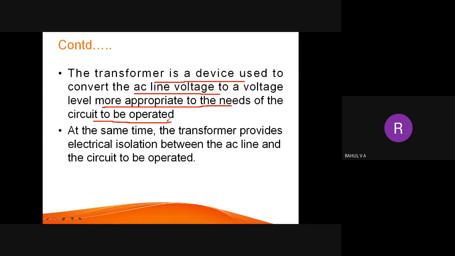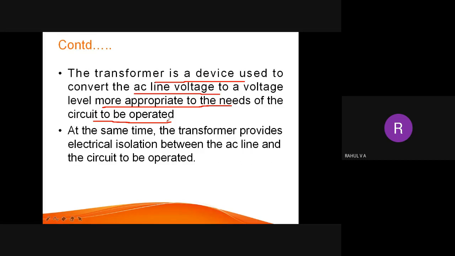There are cases where you may require some high DC voltage at the output. At that time, you have to step up. For example, you may have used a mosquito bat. If you touch between the center net and outer net, you will get a shock. That means there is a higher voltage. So the voltage is stepped up.